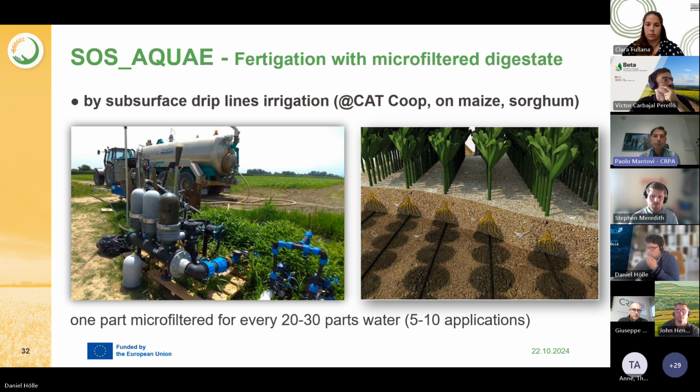So when we microfilter with a screen that has 40 or 50 micrometer space, we exclude all the particles that can create problems for drip lines and also for the sprinkler of the Ranger system that we have seen before. Next, please.